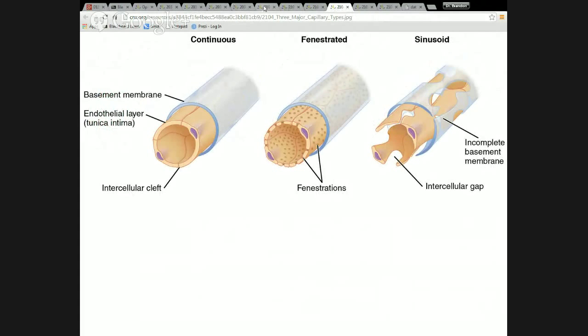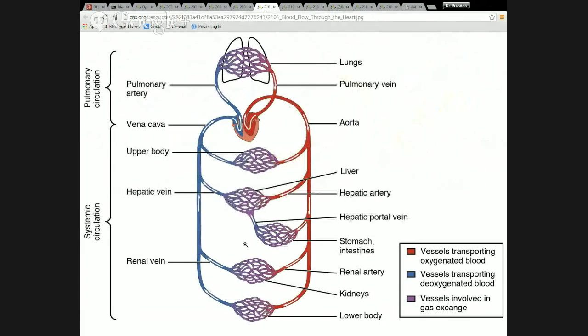And if we look at this figure here, the capillary beds in any given situation might not be the same kind of capillaries. So in the digestive tract, the stomach and the intestines, for instance, we probably have fenestrated capillaries. But in the liver, we have sinusoidal capillaries.